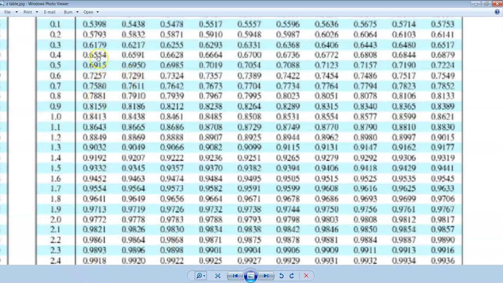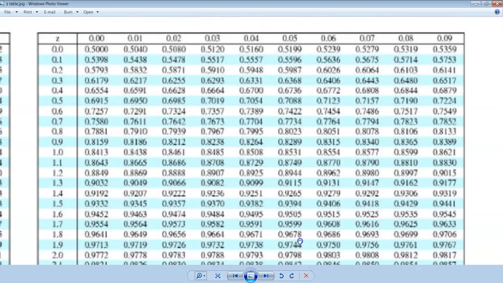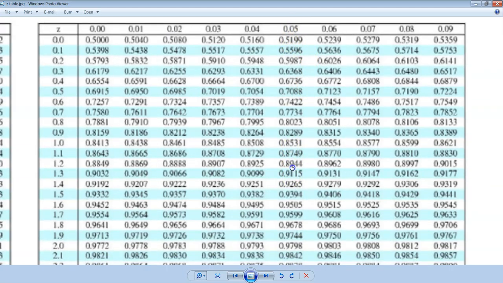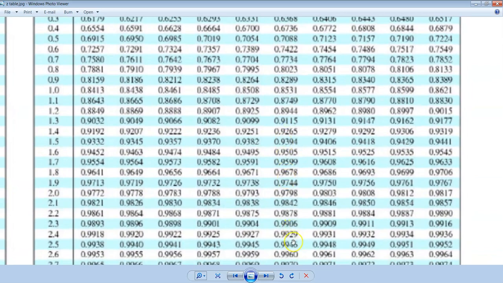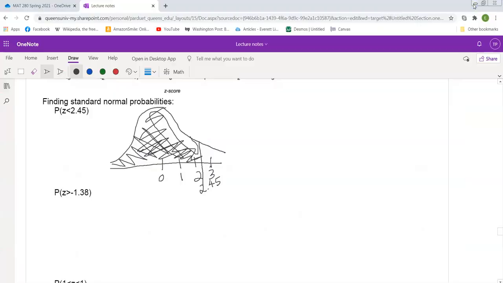This column here is 0, 1, 2, 3, 4, 5. So 2.45 is 0.9929. And that's because this column has the 5, so the 5 is the hundredths place. So 2.45 is 0.9929. And that is this shaded area there.